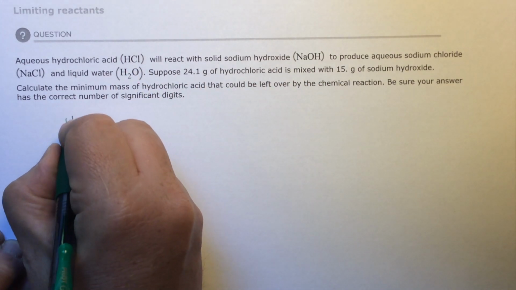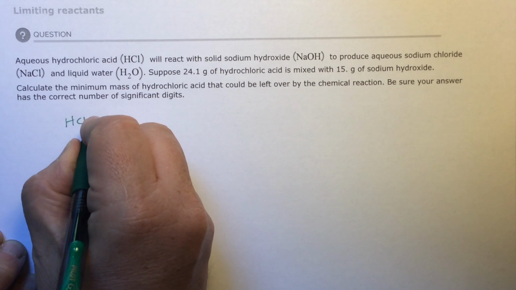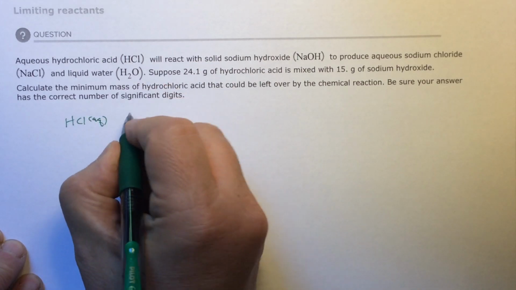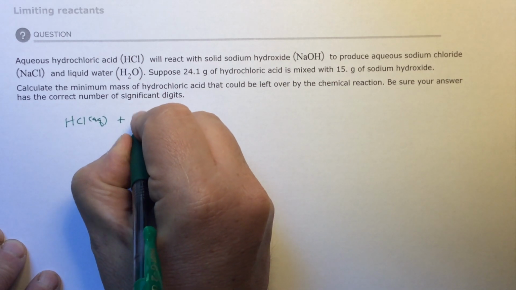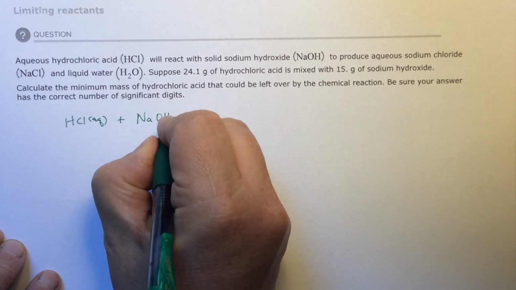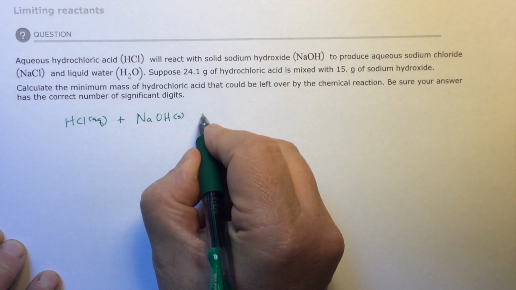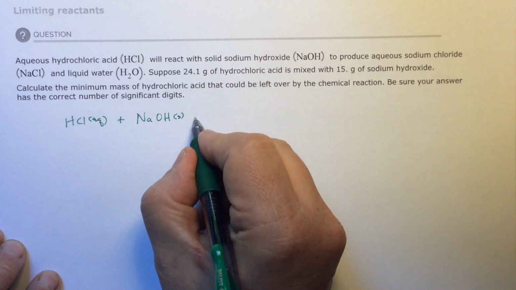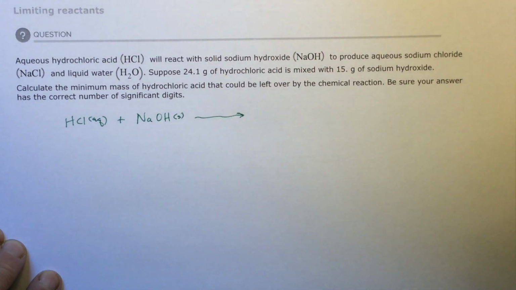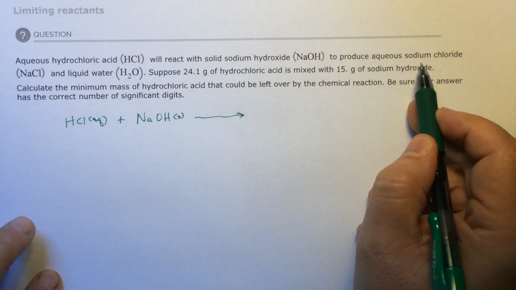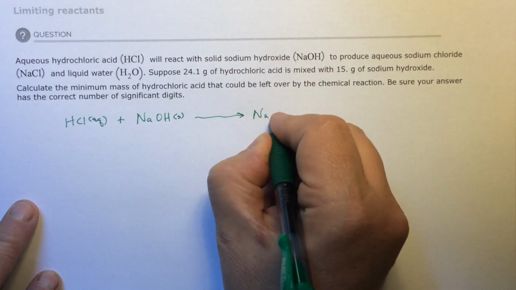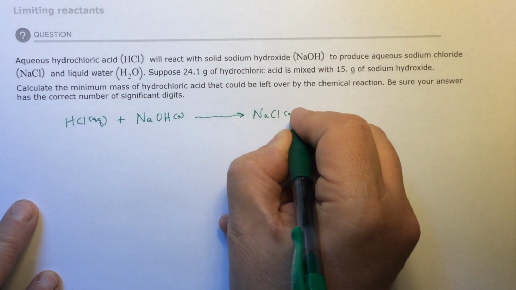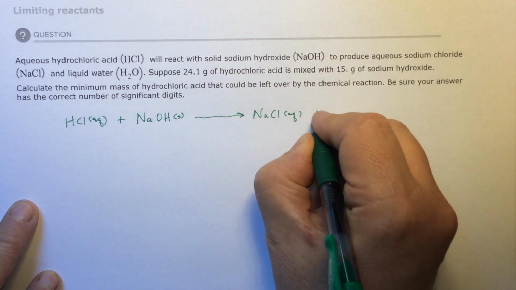So I've got HCl, which they tell us is aqueous, means it dissolves in water, reacts with solid sodium hydroxide to produce aqueous sodium chloride and liquid water.